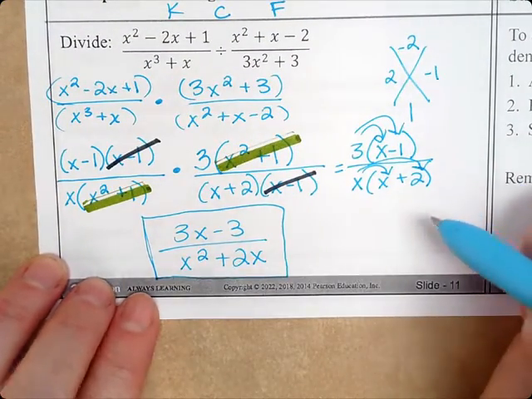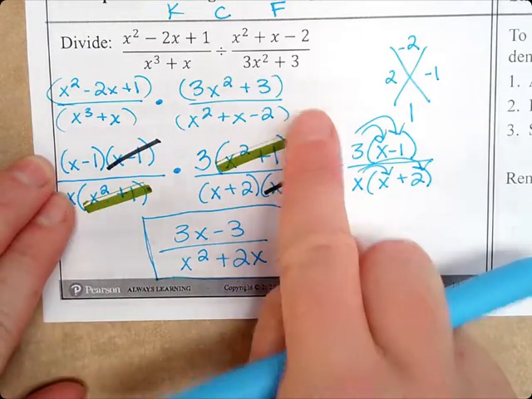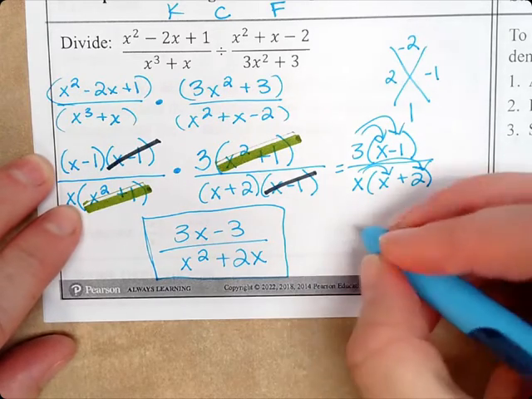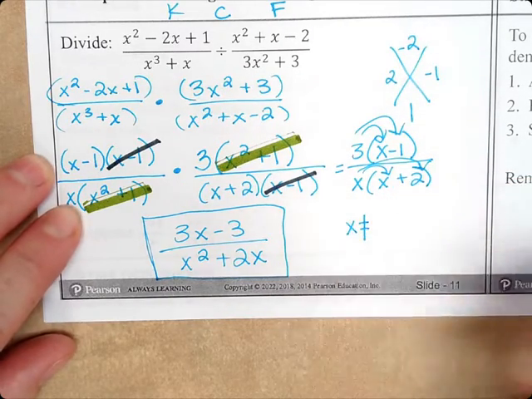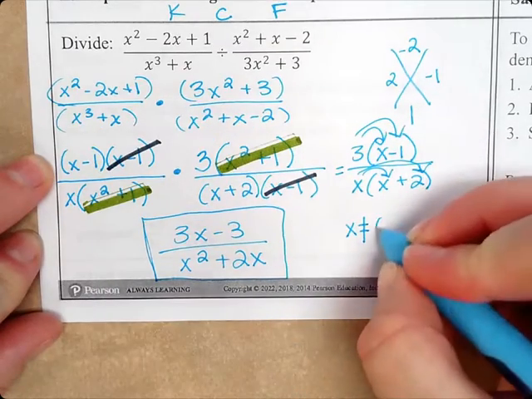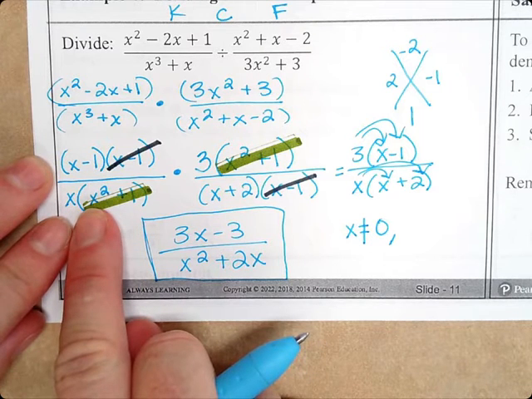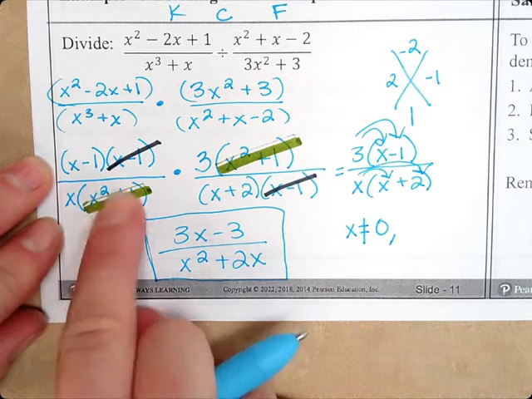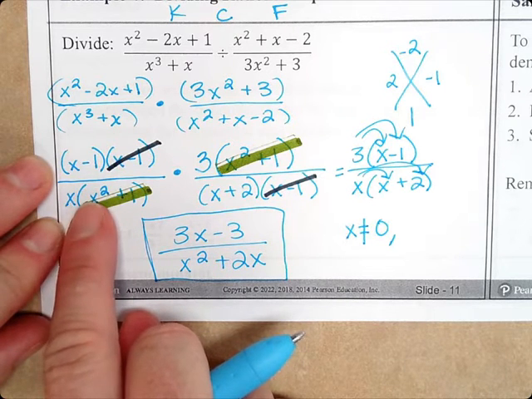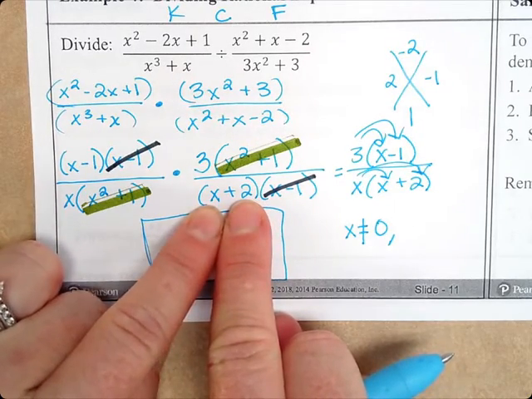Okay, so let's look back at this one before we cancel. And let's look, we have an x, so what can this x not equal? Right here, this lonely x. It can't equal 0. This one, if I square something, will it ever equal a negative 1? No. So I don't need to exclude anything from there. But this one, x plus 2.